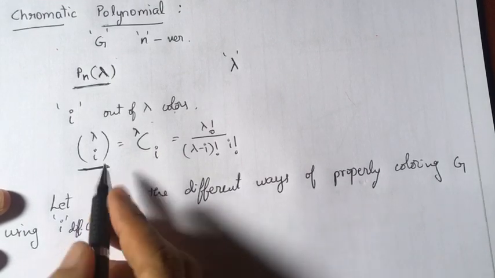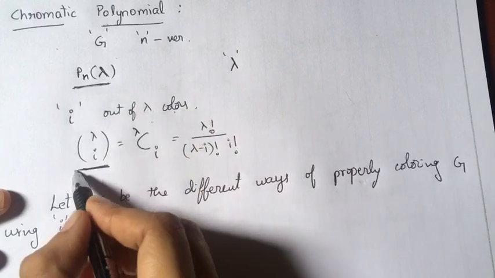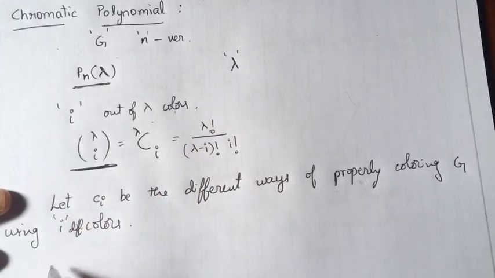Now we can choose i colors out of lambda colors in these many ways, right?